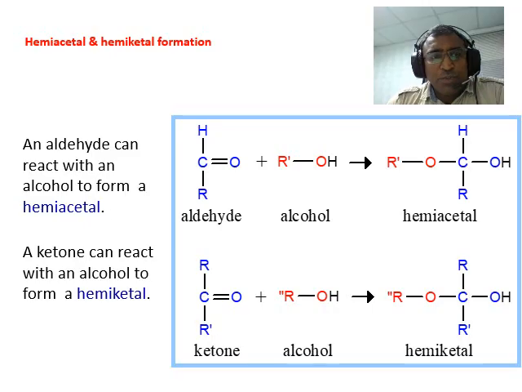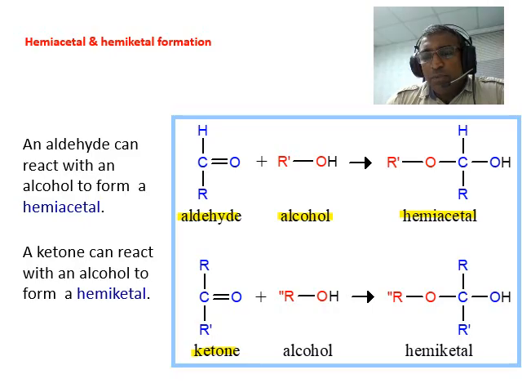Here is shown the formation of hemiacetal as well as hemiketal. In order to form hemiacetal, you need an aldehyde, and then you also need the functional group or alcohol. Eventually they react and form hemiacetal. And then to form hemiketal, you need a ketone rather than an aldehyde to link with alcohol.